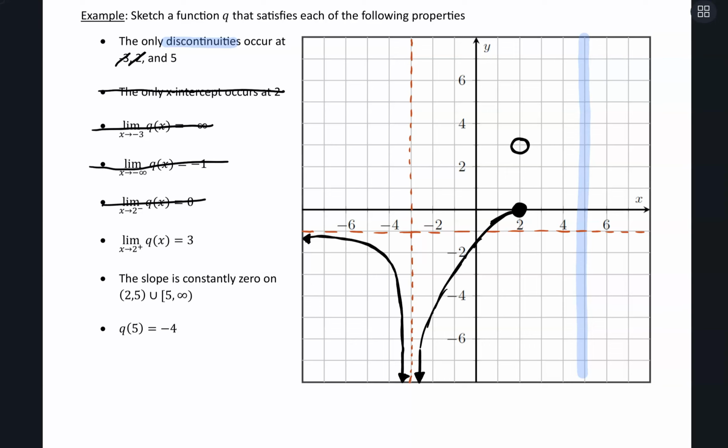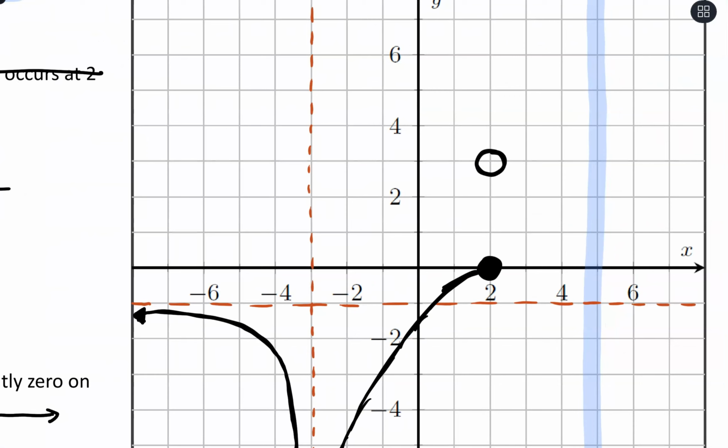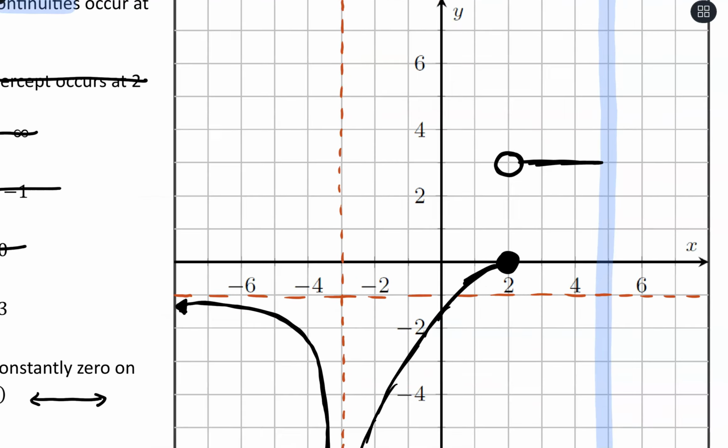The slope is constantly 0 on 2 to 5 and 5 to infinity. So what that tells me is that we're graphing horizontal lines. So 2 to 5, which we know we're at 3, so I'm going to have a flat line at positive 3 until I get to 5. I'm not going to draw my circle yet because I don't know where it is.